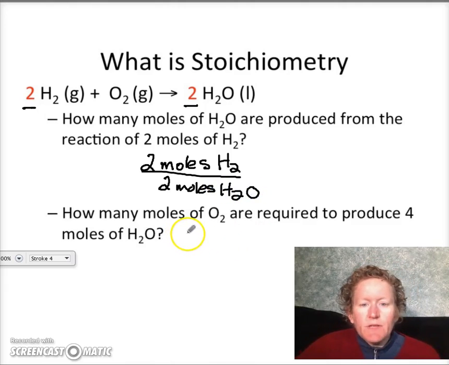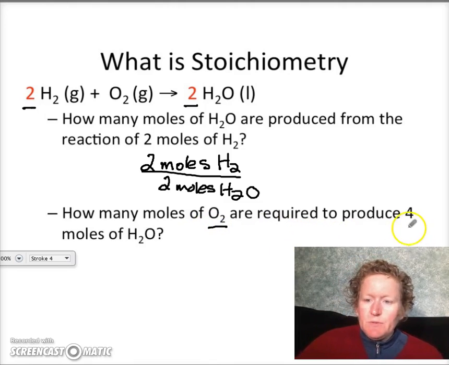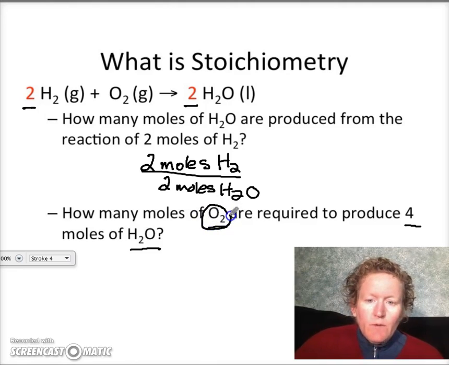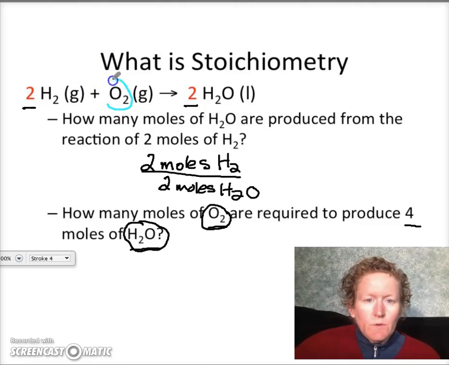So you might ask yourself, how many moles of O2 are required to produce 4 moles of H2O? So here we need the relationship, the ratio of O2 to H2O. So let's look up here. I'll use another color here. Here's O2. The coefficient here is 1.